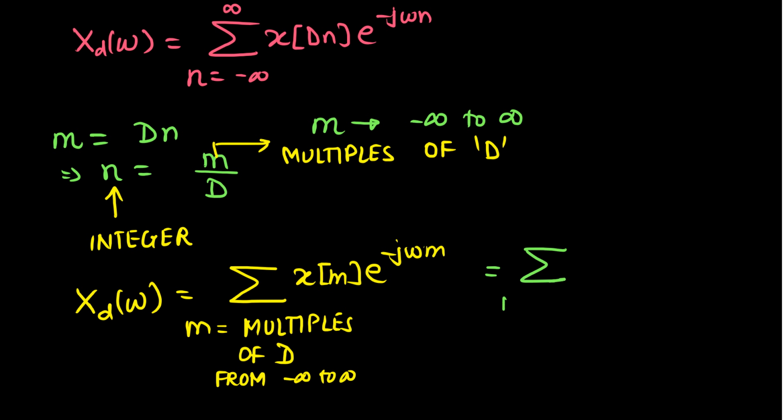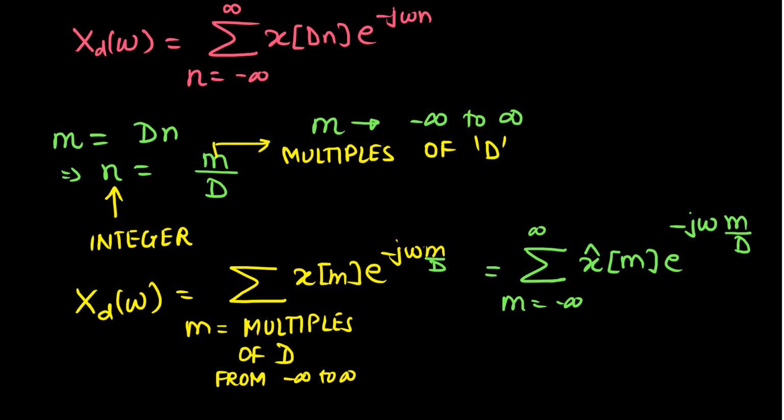So we can write it as summation m running from minus infinity to infinity, and we have a factor of d here because we are substituting this n as m by d. So we can have x hat of m into e to the power minus j omega m by d. So this is what we have. We can have a small change of variable, that is we can just replace this m by n.